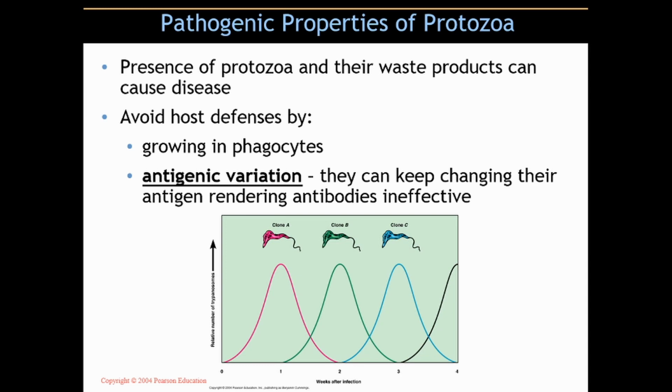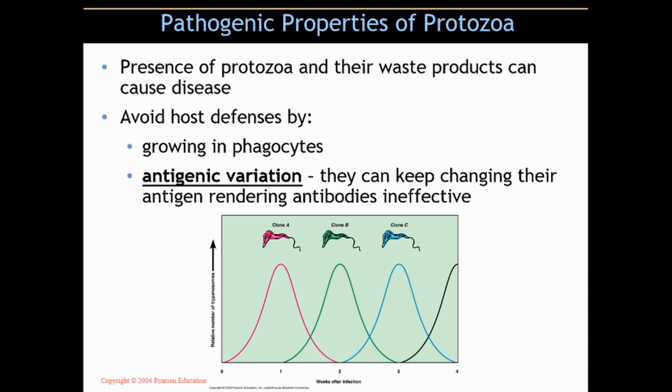And so what happens with this protozoan disease is you develop resistance against a particular clone of the protozoan, and that clone is called a trypanosome.